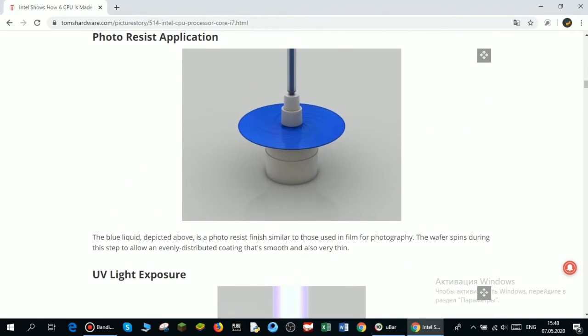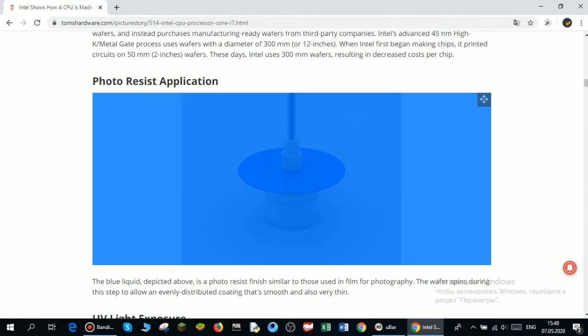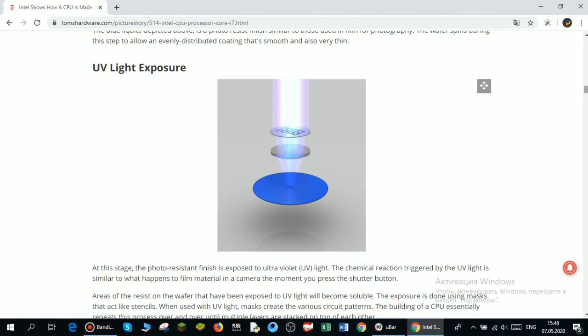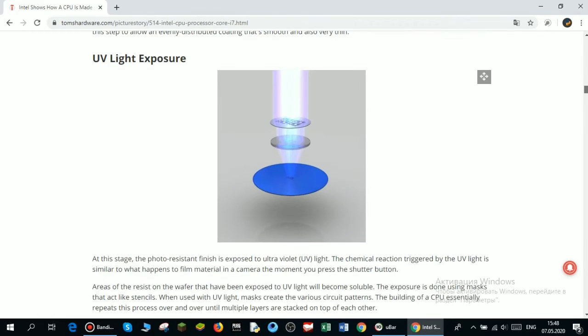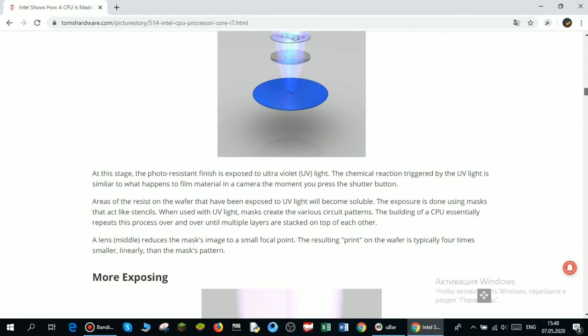Nice. I think this is used in film photography, and in computers and so on. At this stage, the photoresist finish is exposed to ultraviolet UV light.